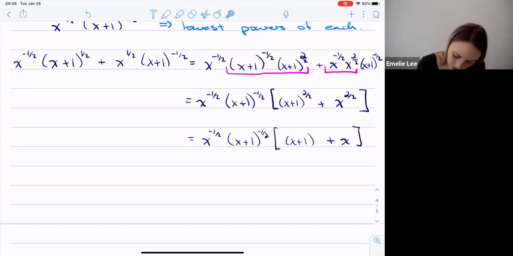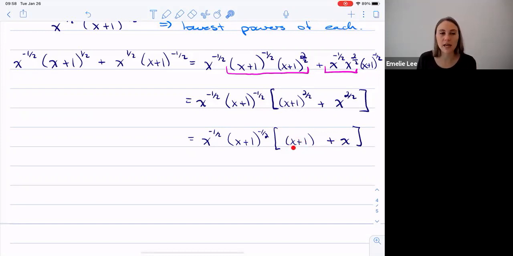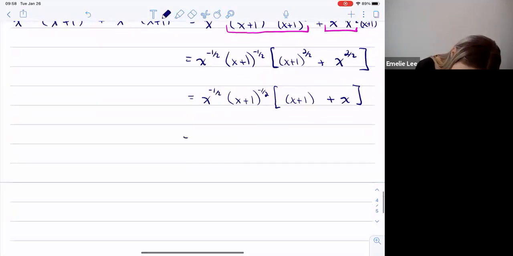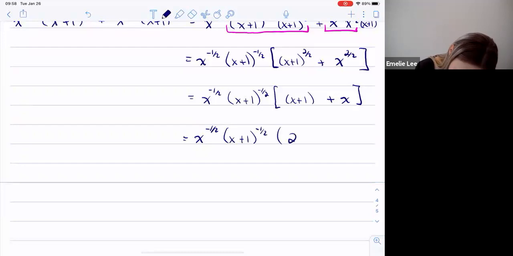Right? Turns out we can simplify this even further. These brackets around x plus 1 aren't doing anything anymore because we're just adding inside. So then we get x plus 1 plus x making 2x plus 1. So this becomes x to the negative 1/2, times x plus 1 to the negative 1/2 times 2x plus 1.